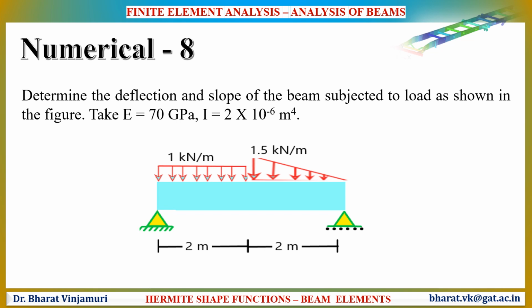The uniformly distributed load is of 1 kN per meter over the span of 2 meters, and uniformly varying load is of 1.5 kN per meter over the span of the remaining half. The value of Young's modulus as well as moment of inertia is given in this example. Also, there is a pinned support at the left side as well as a roller support on the right end of the beam.